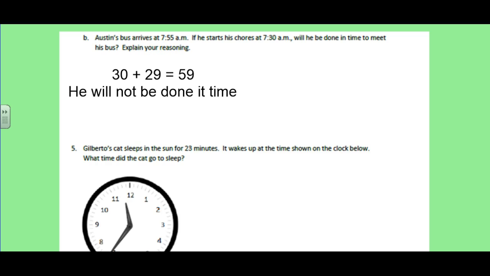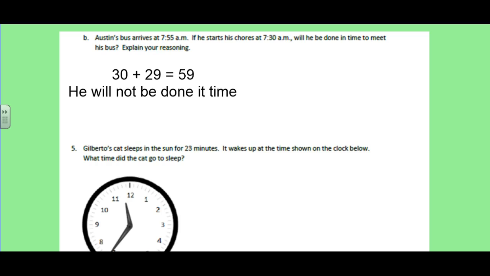Okay, so when you take those 30 minutes, because we started at 7:30, and you add the 29 minutes that it took him to do his chores, you are left with 59. So that tells us that he's done doing all of his chores at 7:59. But if you look back up at the problem, the bus arrives at 7:55.